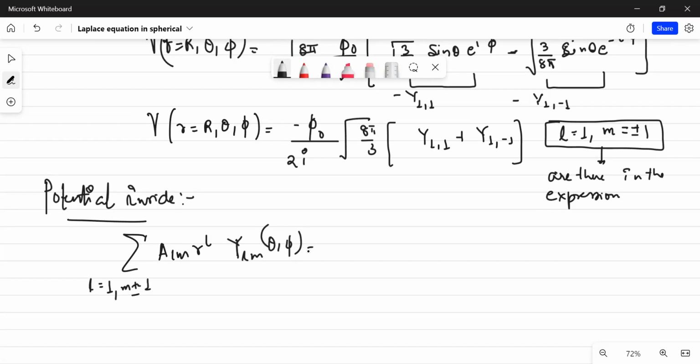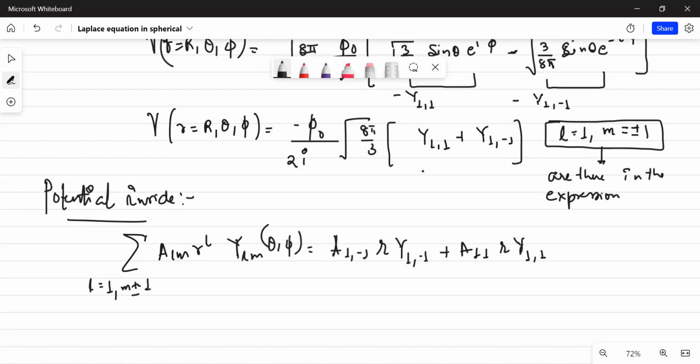So the potential inside, if I just write L equals 1, would be A_1,-1, then R raised to power 1, and then Y_1,-1, plus A_11, then R, and then Y_1,1.